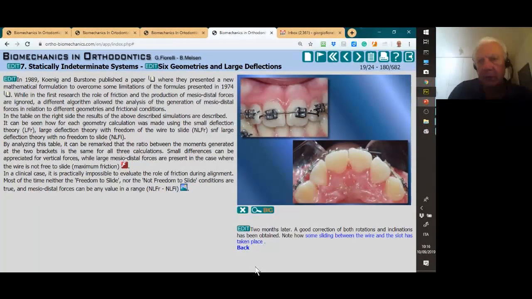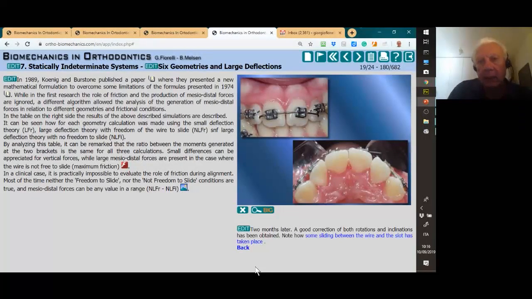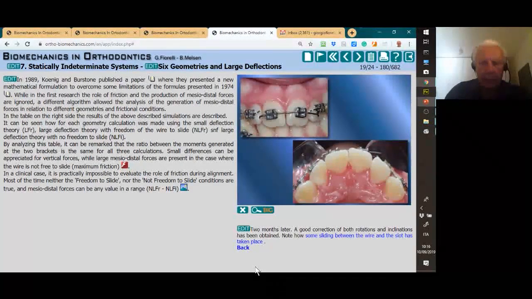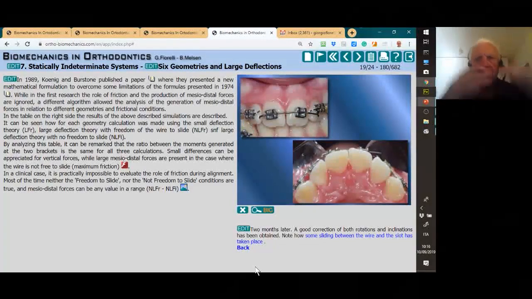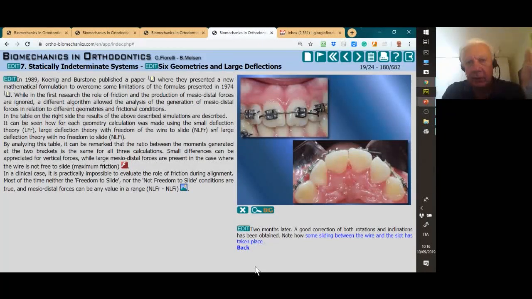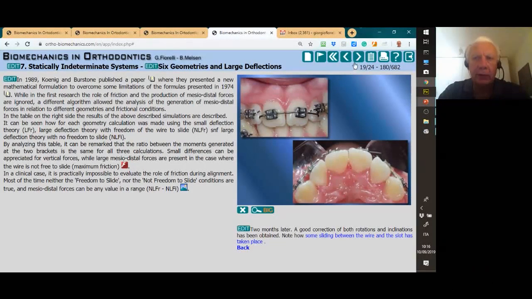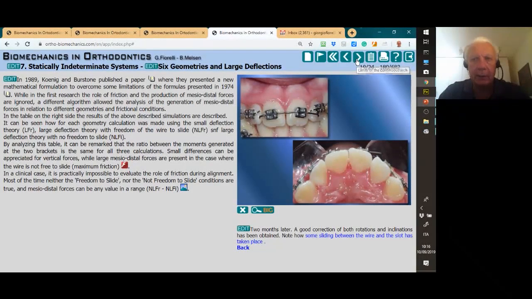Here I see a little bit of space, and this depends on the fact that the wire needs to slide when we have large deflection, and if it does not slide, it will expand the distance between the brackets. So it creates mesiodistal forces. It's a rather complex topic related with friction, so it's better that we leave it for now.